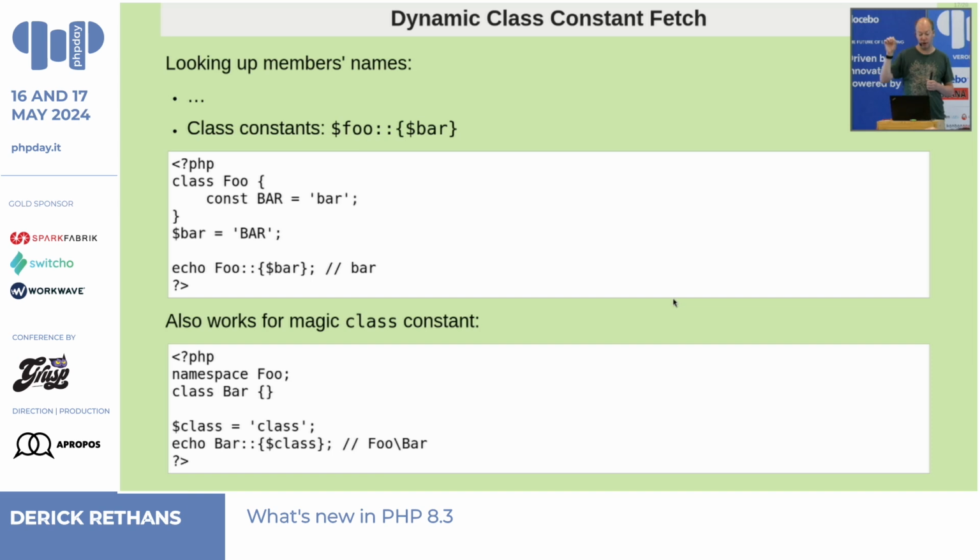In the variable bar, I use bar as a string. And now by using foo, double colon, and then bar between braces, you end up substituting that for the name of the constant, which you then fetch. So that then returns bar. Maybe I should use different names for the constant name and the actual output, because that would have made it slightly clearer.